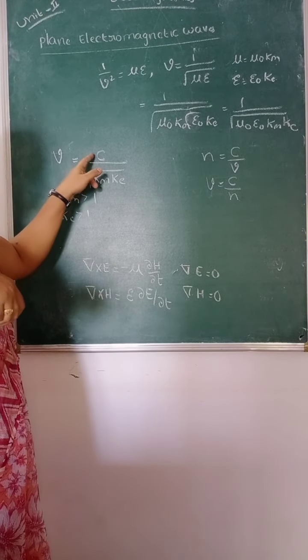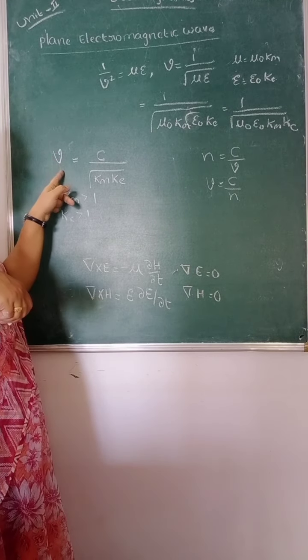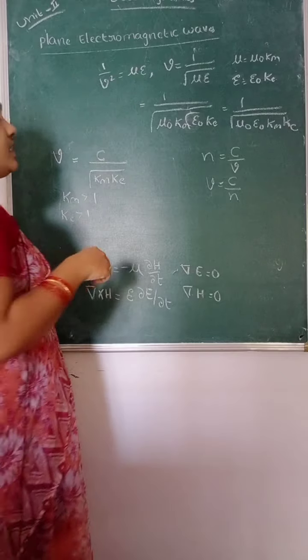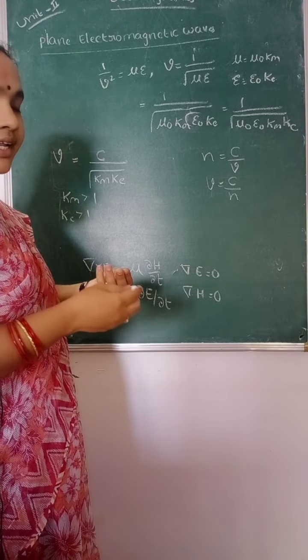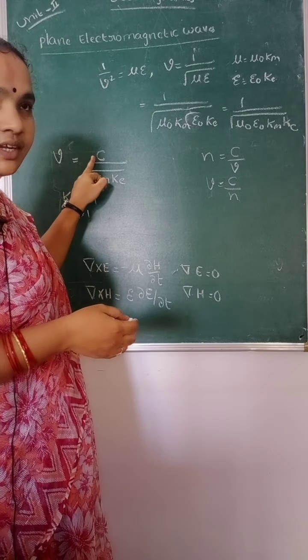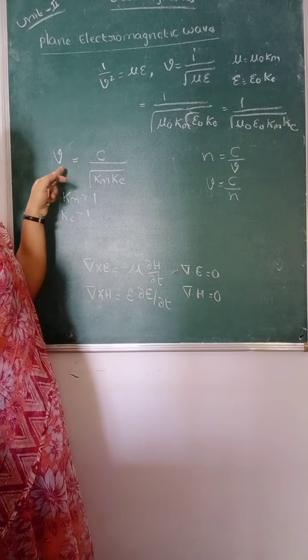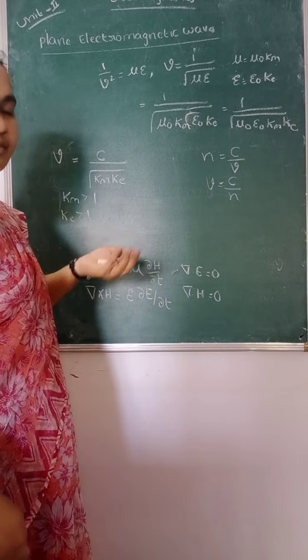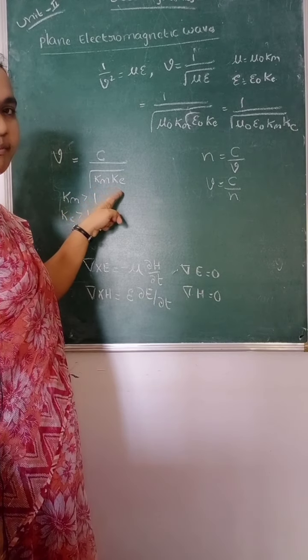So the plane electromagnetic wave in an isotropic dielectric medium moves with a speed less than that of the speed of light. In free space, it moves with the velocity of light. In a dielectric medium, its velocity reduces by the factor 1 by root of Km into Ke.